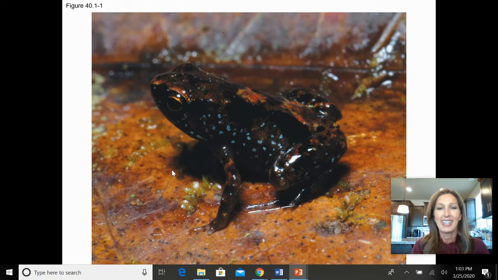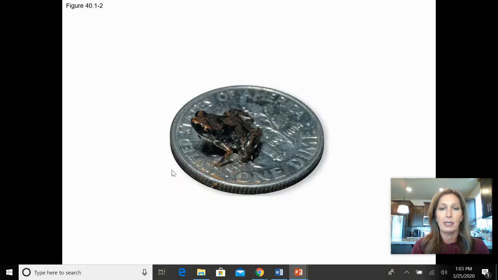Now, look at this little guy. He is so adorable. Look at this little frog. This might be something an ecologist asks: what are the factors that limit the population size and the distribution of where this particular frog can live? We have to consider all the biotic and abiotic factors that are going to influence it, because here's how big he is on a dime.